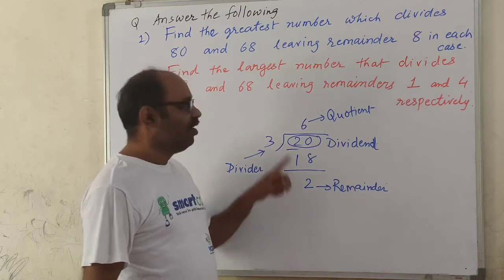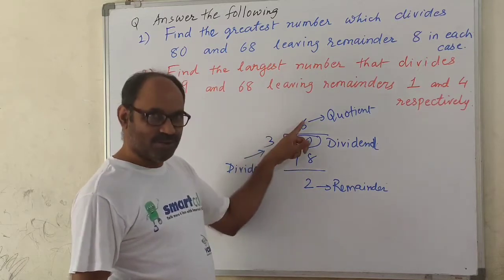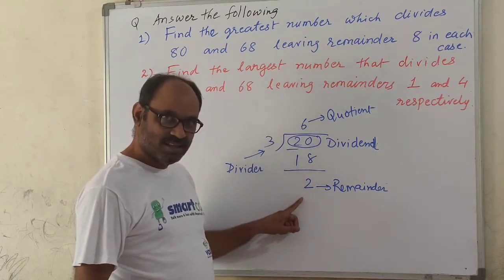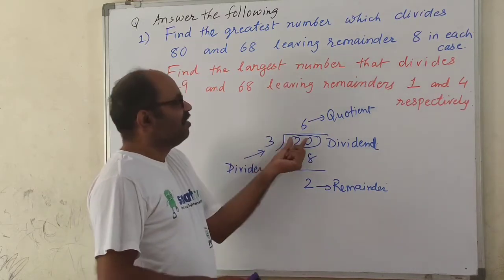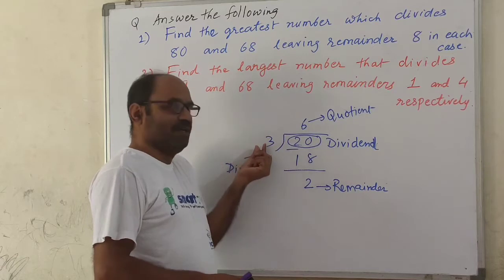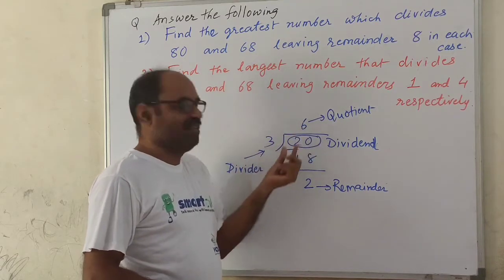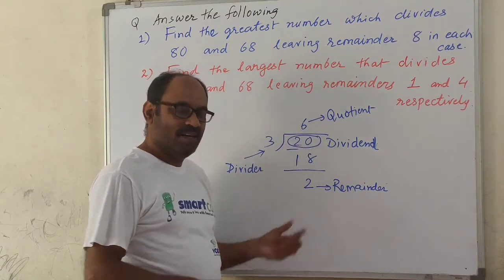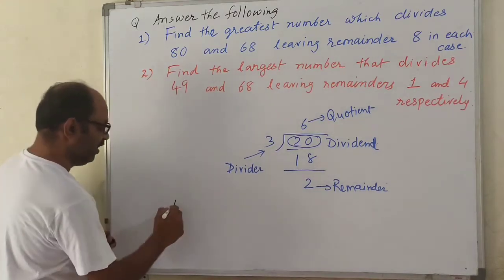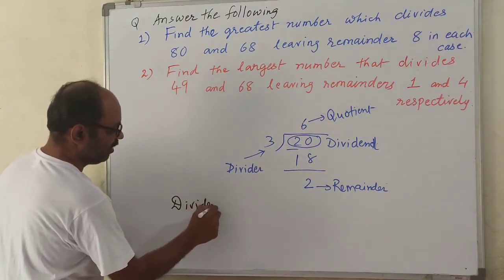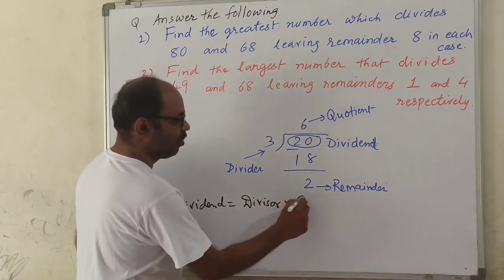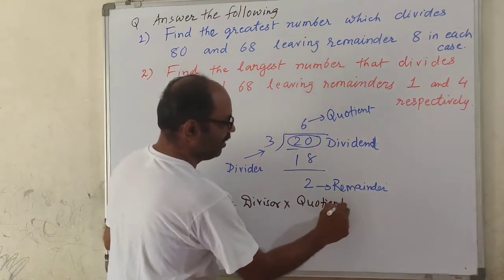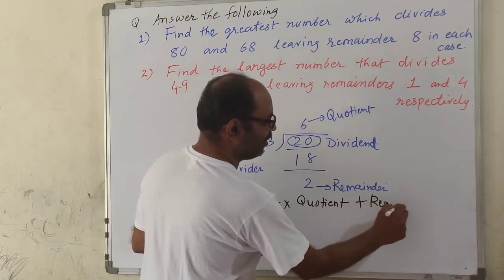Are you getting me? 20 is equal to 3 into 6 plus 2. No matter whatever division may be, this dividend will always be equal to divisor into quotient plus remainder. So here I can say dividend is equal to divisor into quotient plus remainder.